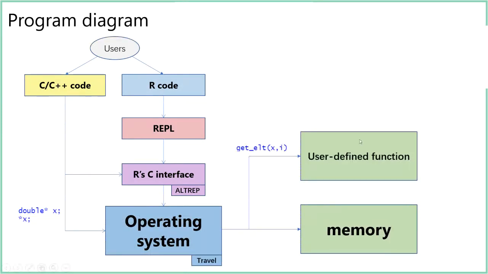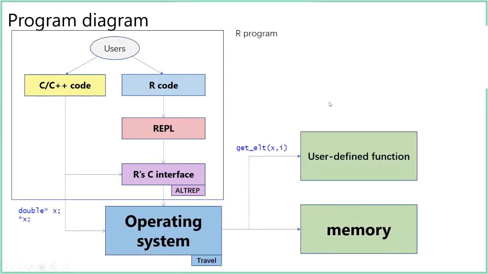And there's one more thing. All the things inside this box are the R program, and what Travel does is invisible to the R program. So your good old existing code can happily work without worrying how the pointer is actually treated underneath.